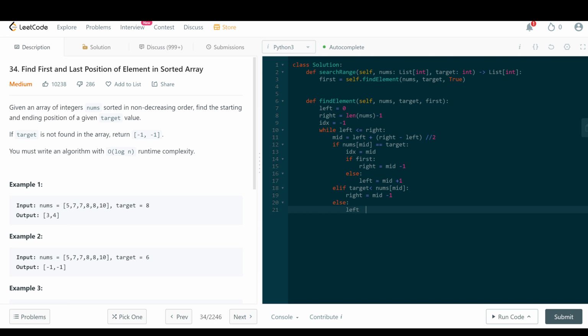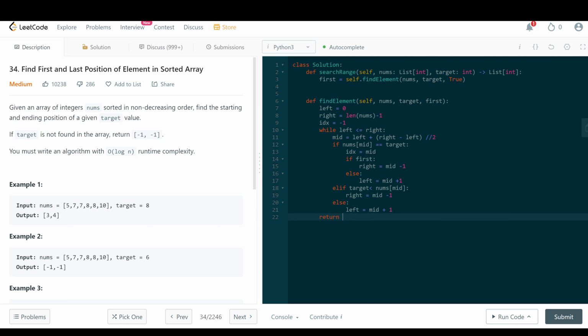Else left equals mid plus 1. If the target is less than the mid value, then we move right to mid minus 1, because we don't have to look at the right side of our array. Otherwise, we have to look at the right side of the array because the target is supposed to be there. And then at the end, we return idx.